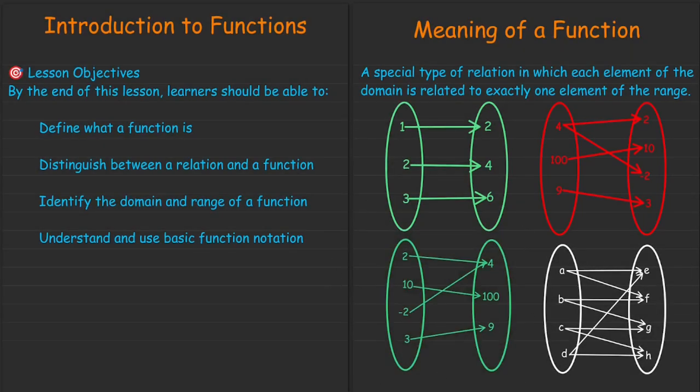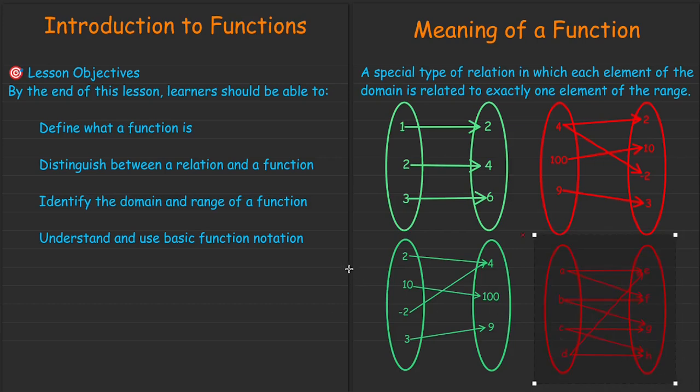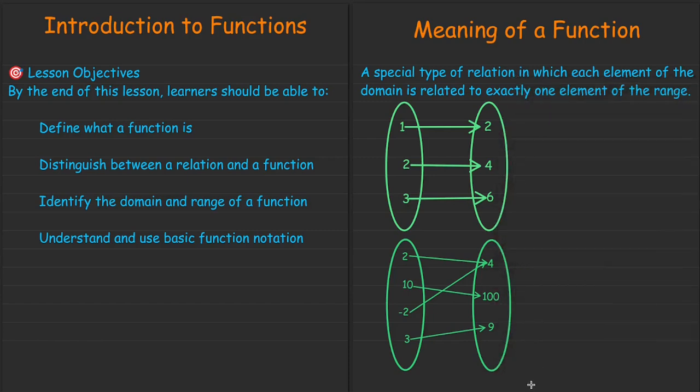Now for this last one here, we realize that there is an element that is mapped to more than one. So since it is mapped to more than one, it is also not going to be a function. You see? So on that note, I'm going to clear off these that are not, and then we focus on this.